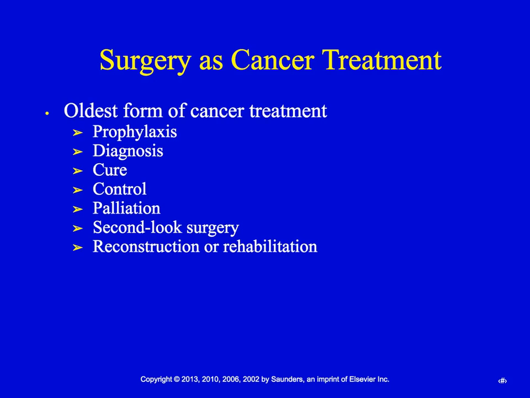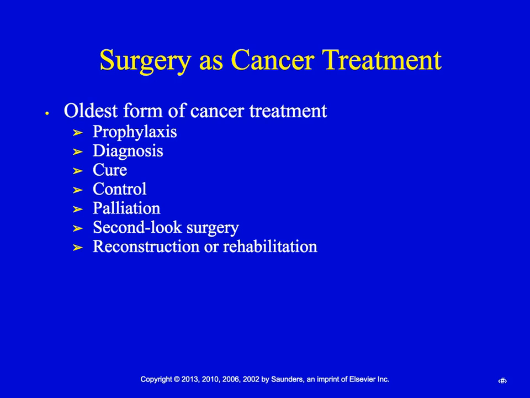So that's a type of surgery they can have. Sometimes it's diagnostic, which would be a biopsy to determine if something is benign or metastatic. Hopefully, sometimes they can do a curative surgery where they can actually remove all of the cancer.